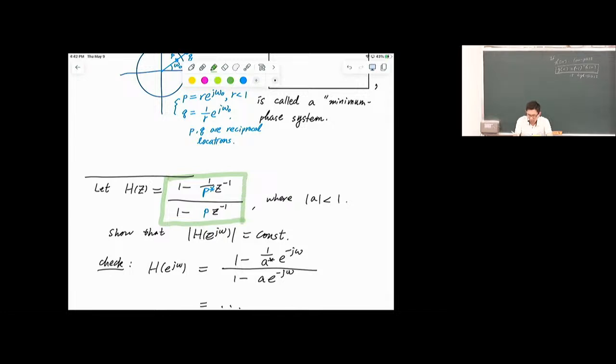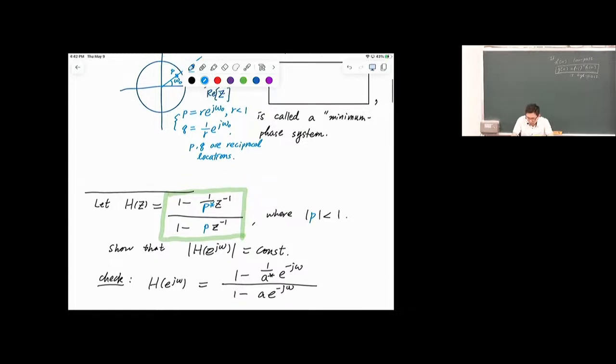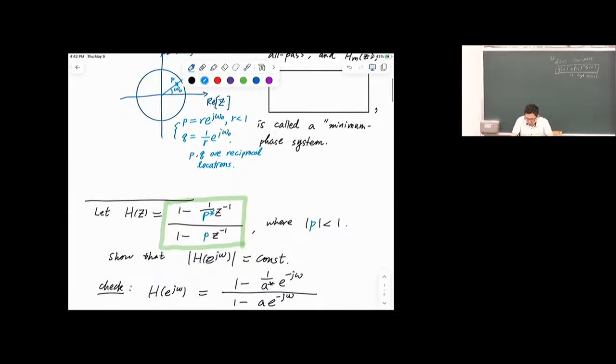So immediately you notice that for this system, of course, the pole is at z equals p. There is the pole, right? That's pretty simple.